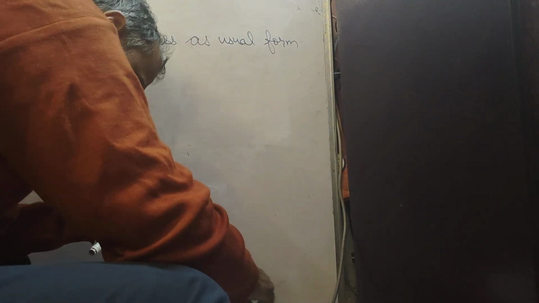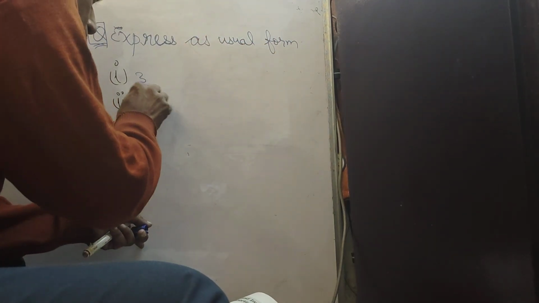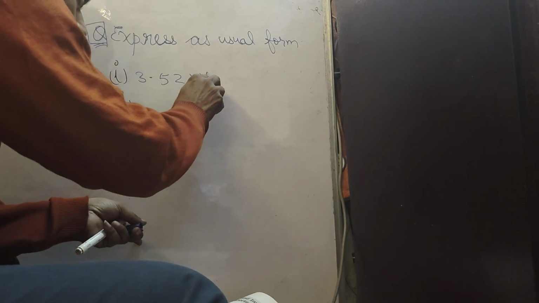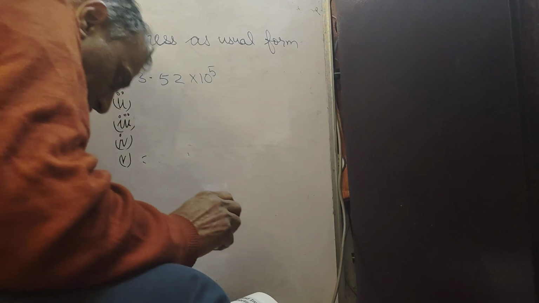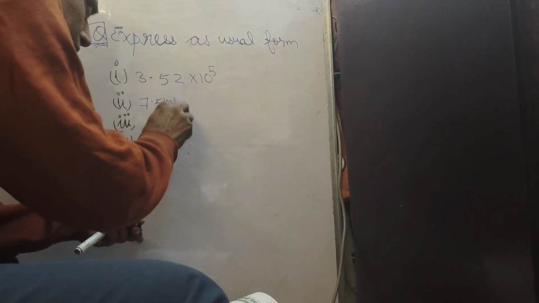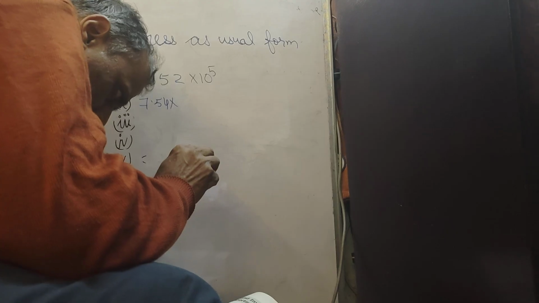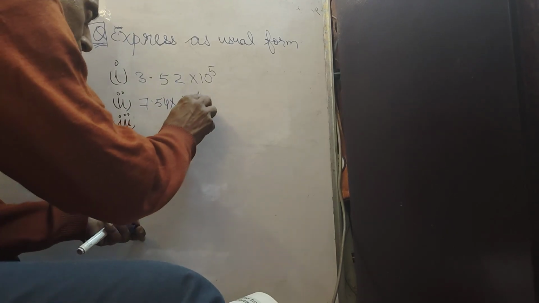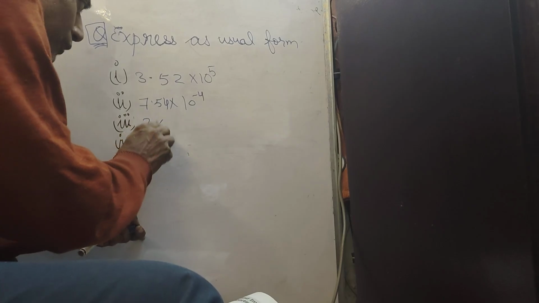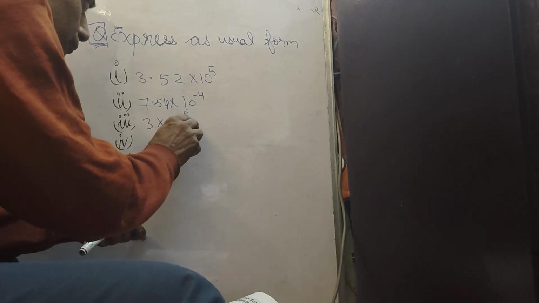So first one is 3.52 × 10 raised to the power 5. Second is 7.54 × 10 raised to the power minus 4. Third one is 3 × 10 raised to the power minus 5.